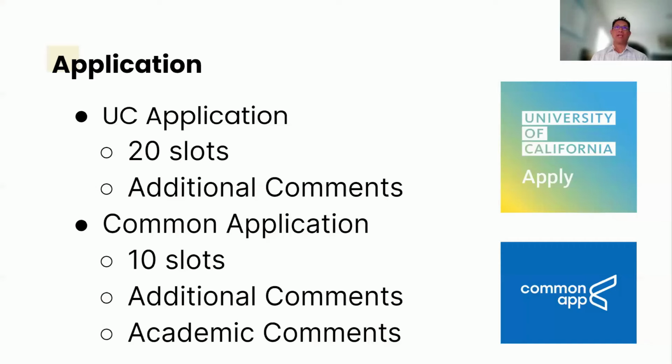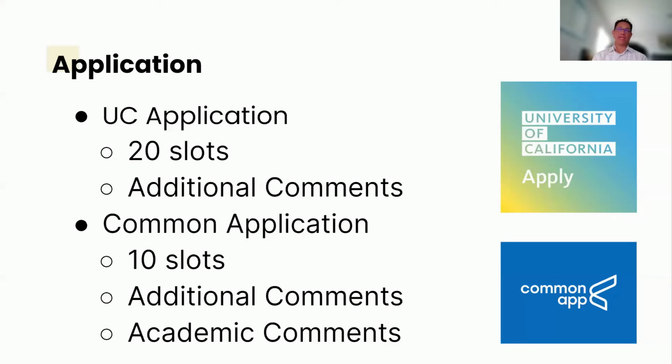With the UC application, you basically get 20 slots to talk about as many activities as you can. There is also an additional comment section where you can add additional information. Normally that's not meant for academics, but you can do anything in there, and talk about any additional information that will help explain the details in your application.